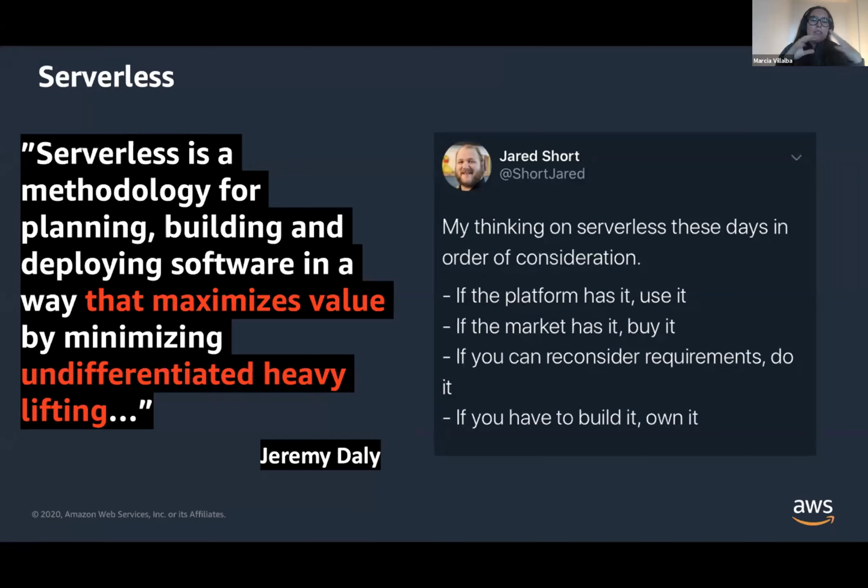So these are 2 comments from 2 different serverless influencers, Jeremy Daly and Jared Short, and I think they explain very well what serverless is. Basically, if the platform has it, use it, get it from the market, try to think about how you can reutilize as much as possible and focus on what really provides the core value for your stakeholders.